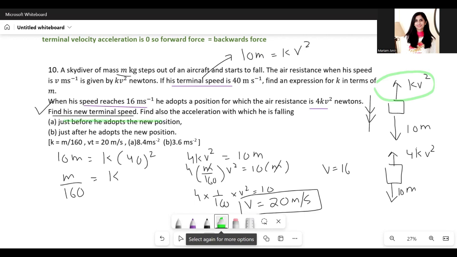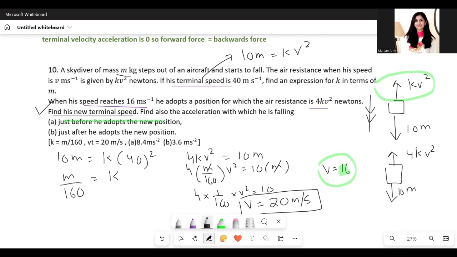The value of v that we're going to use is going to be 16 still, because right before this position, the speed is going to be very close to 16 anyway. So even if you have like 15.9 or 15.99, or whatever it is, it's still very close to 16. So we're going to still use 16.